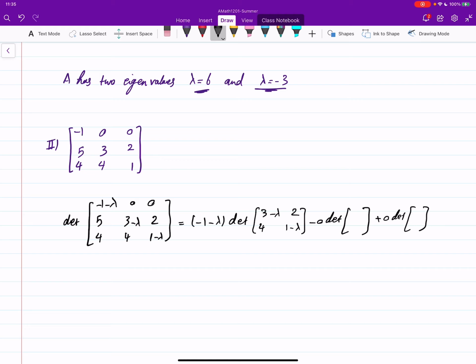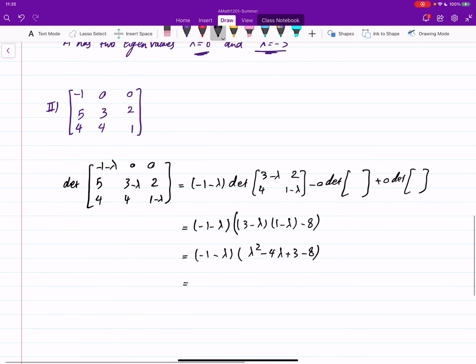So that means my polynomial is (3 minus lambda)(1 minus lambda) minus 8. This is negative 1 minus lambda times (lambda squared minus 4 lambda plus 3 minus 8).